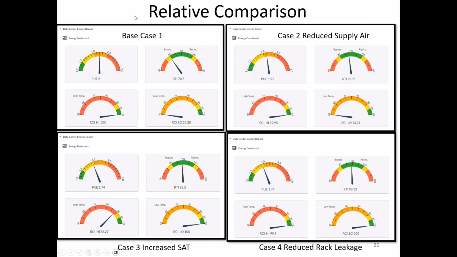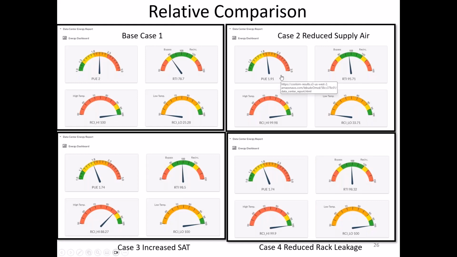Here in case 1, you can see we had too much air. We had bypass airflow, the RTI was 78, and the RCI high was 100%. So we had way too much air, but the racks were fine. RCI low was a mess. It was too low. Then we reduced the supply air just a little bit, and that helped our PUE.